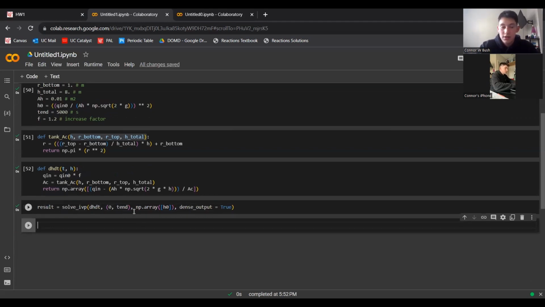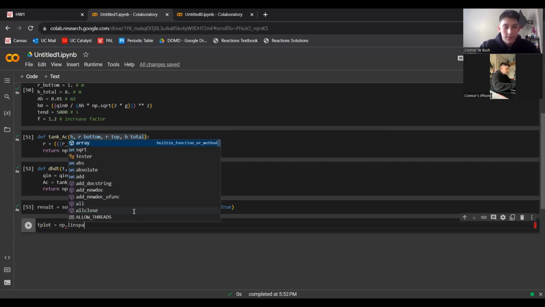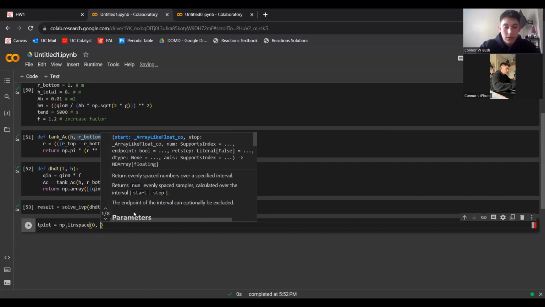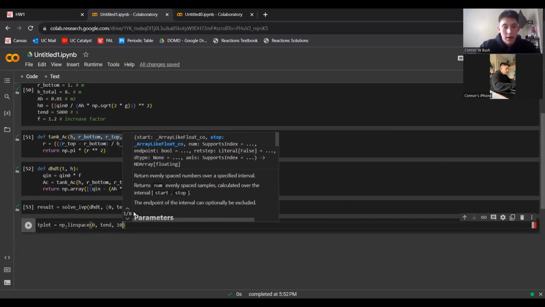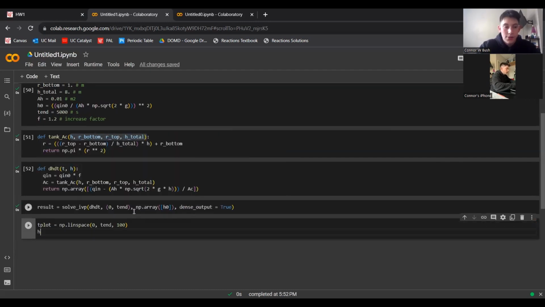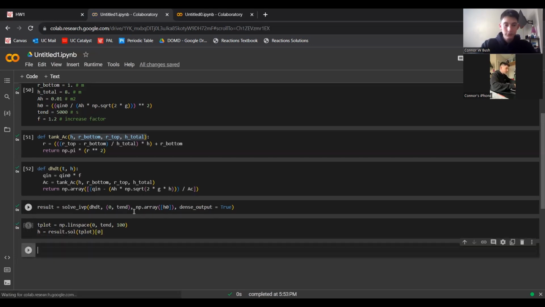So our x-axis will be called t-plot, and that is just going to be a series of points from 0 to t, and we'll have 100 of them. And then our y-axis will be the height. So from this result variable, we'll pull the solution using the points from t-plot beginning at 0.